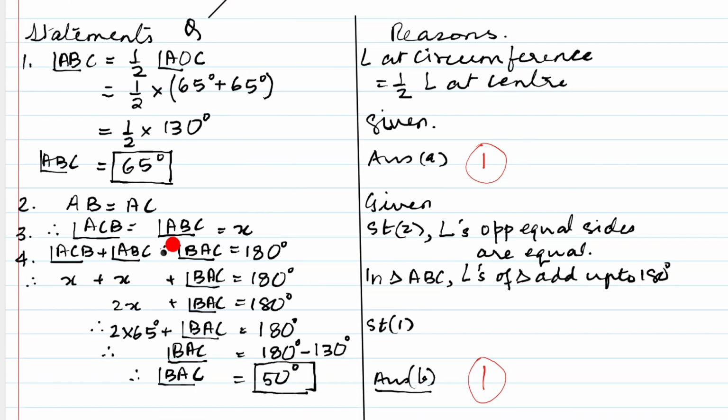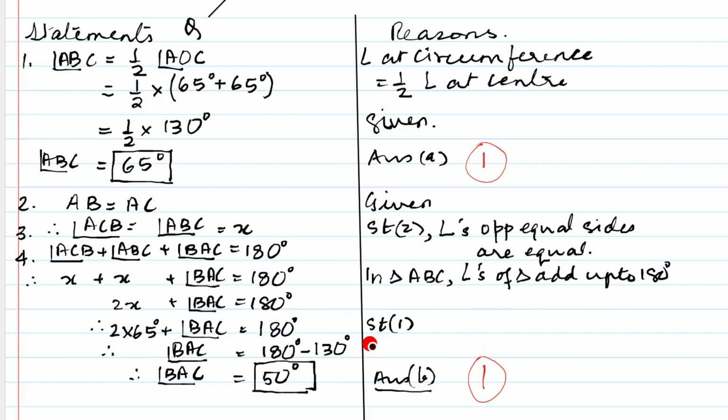So we write the angles with their names, and we write the reason that angles of a triangle add up to 180 degrees. We substitute ACB and ABC as x and x, and angle BAC will turn out to be 50 degrees. So 1 mark for getting this answer.